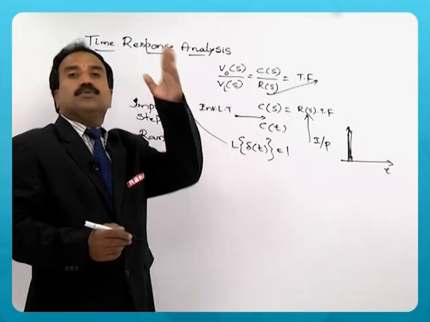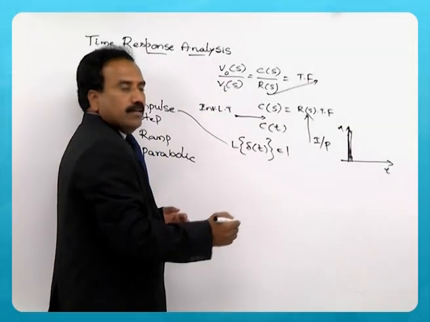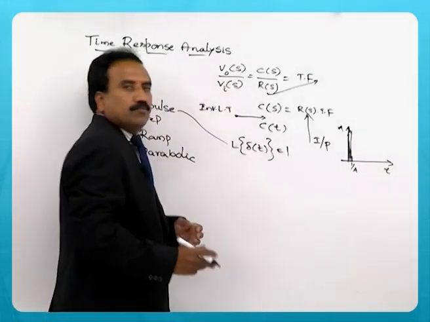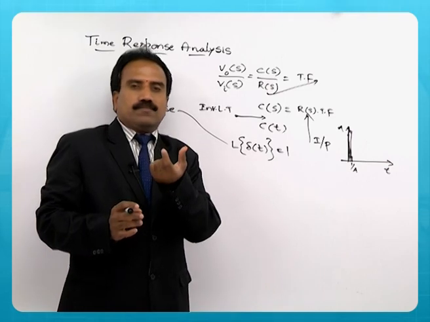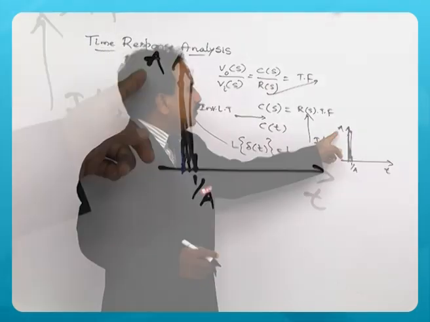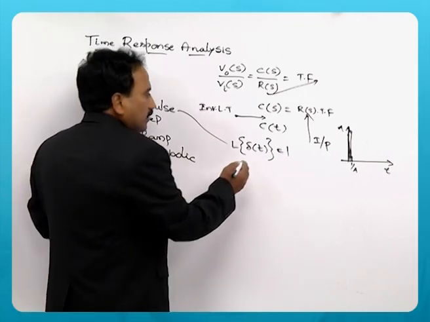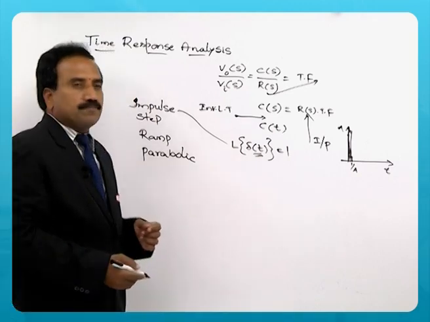If the magnitude is A, very high, then the time is 1 by A, meaning the area of the impulse is 1, A into 1 by A is equal to 1. So, the Laplace transform of that impulse is 1.